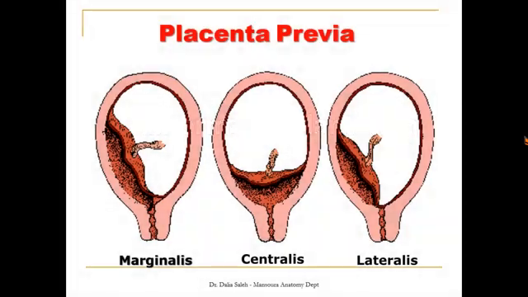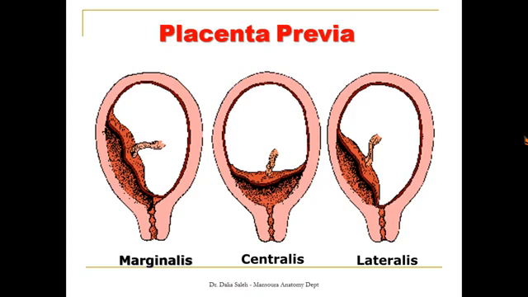What about abnormal implantation? Abnormal implantation could occur inside the uterus, but not in the usual place like I mentioned before, in the upper segment of the uterus. In this case, if the implantation occurs at the lower segment of the uterus, we call it placenta previa.